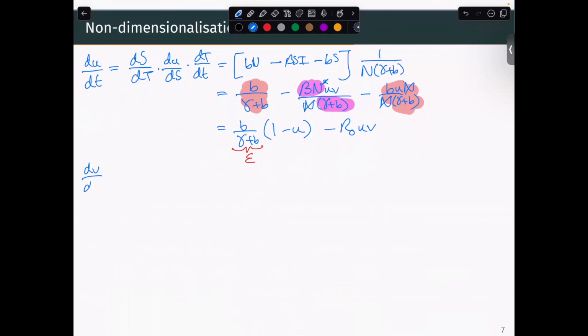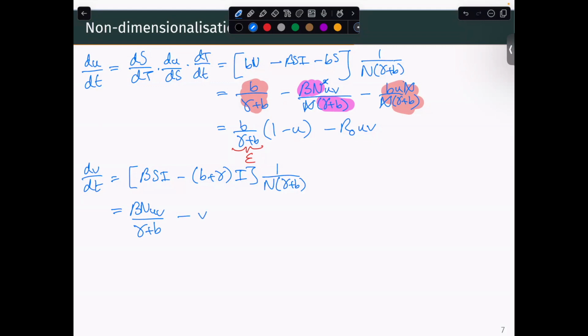For dv dt, we go through the same process. Now we're going to have beta S I minus b plus gamma all times I, multiplied by the same factor 1 over n times gamma plus b. We're now going to have, again, a beta n u v over gamma plus b minus a v term at the end.